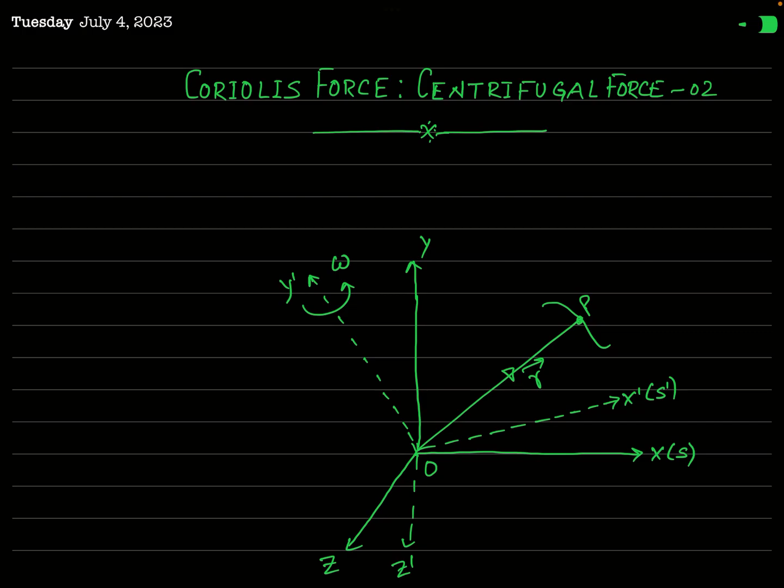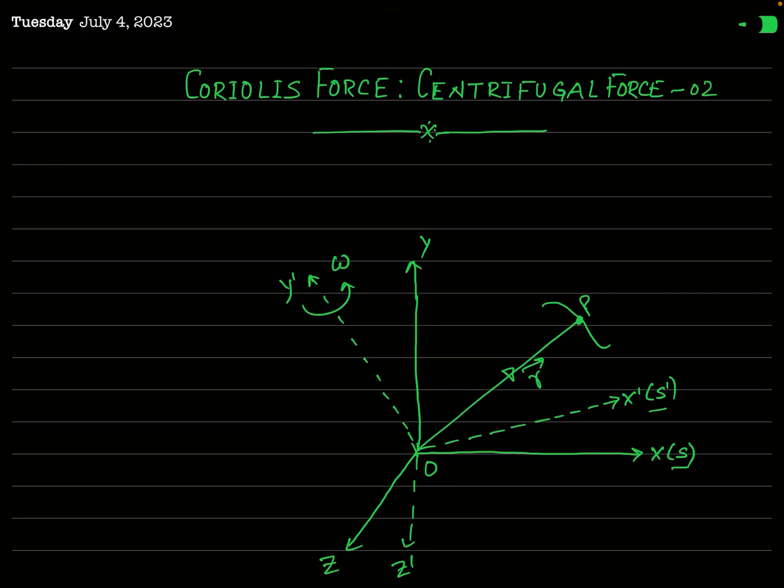We have seen that there is a particle of mass m moving in space, and we have considered two frames of reference. The first one was a frame S, which was a fixed inertial frame, and the second was a frame S prime, which was a rotating non-inertial frame.